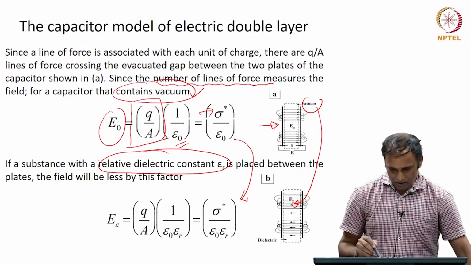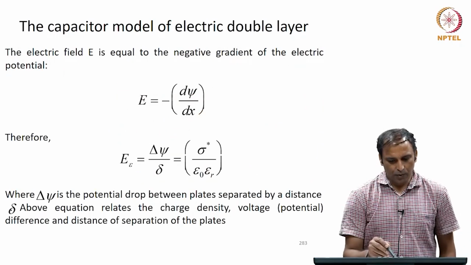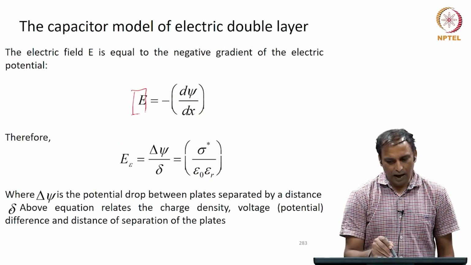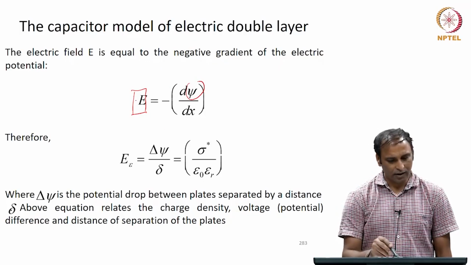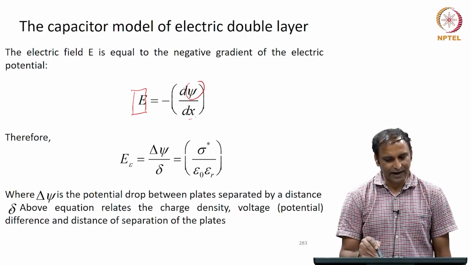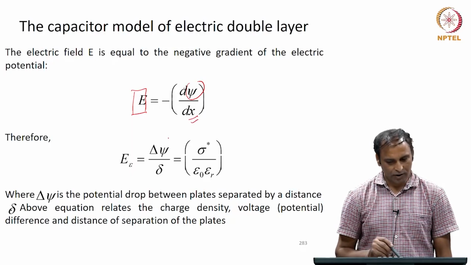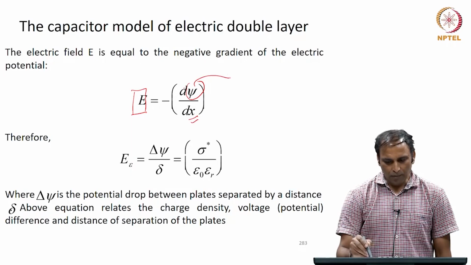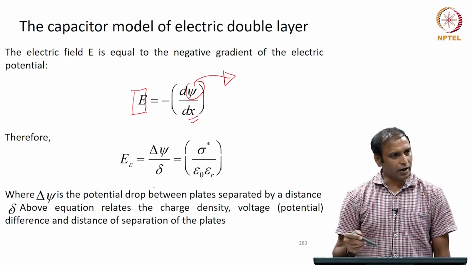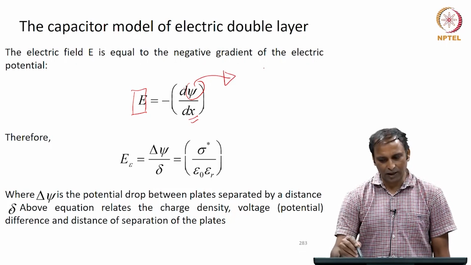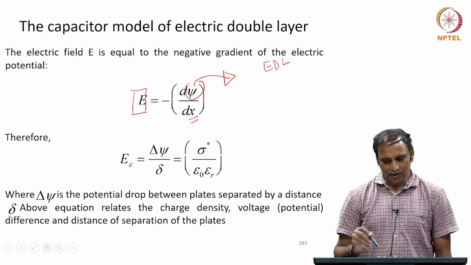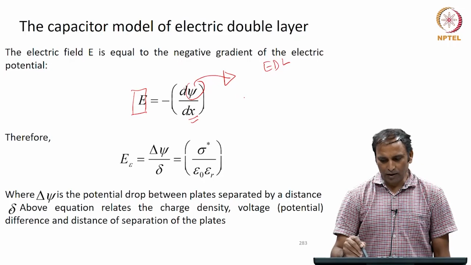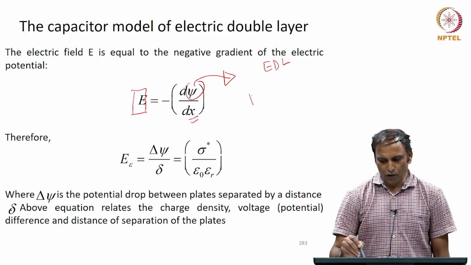Now, this electric field and the potential are related this way: the electric field is the negative gradient of the potential. We are going to use potential in the calculations that involve the electrical double layer, because we know that the force depends on the charge.